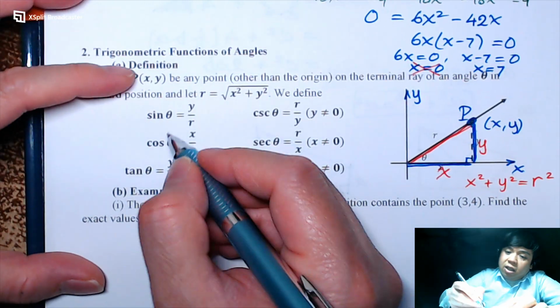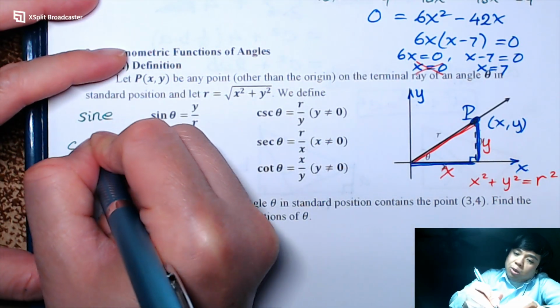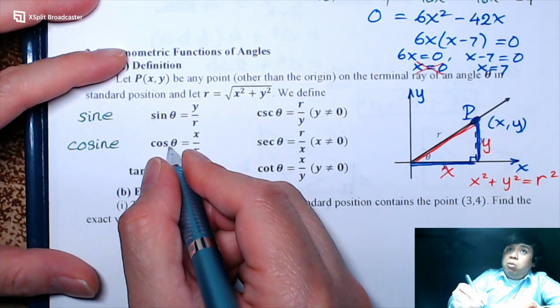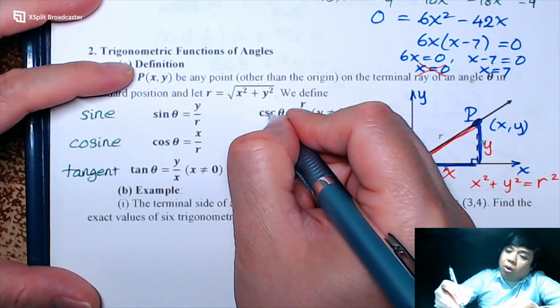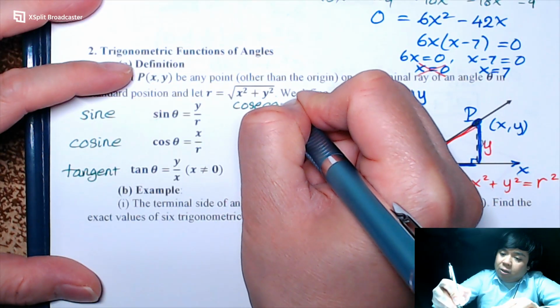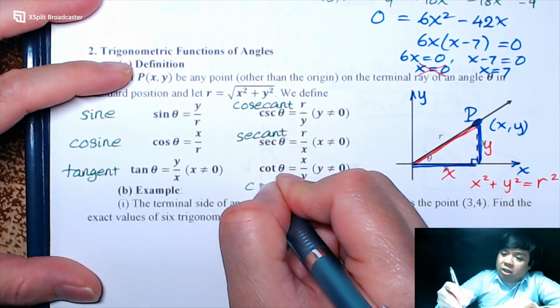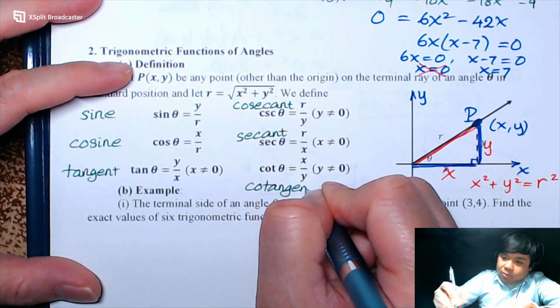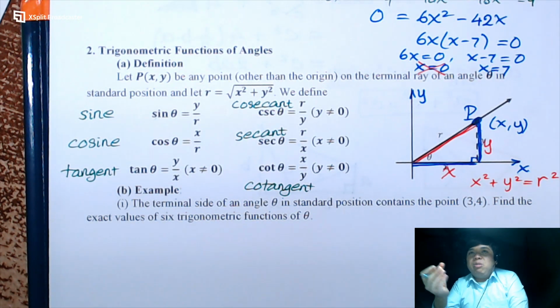The names are sine, cosine, abbreviated cos, tangent, this is csc, cosecant, this is secant, and that is cotangent. So that's just a name for it. Later on I will tell you a story why those names. But for now, it's just a definition.